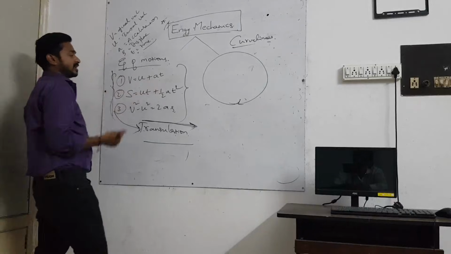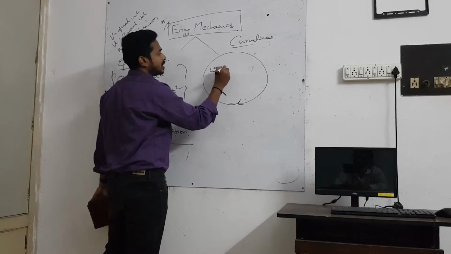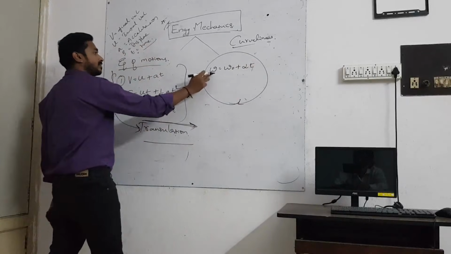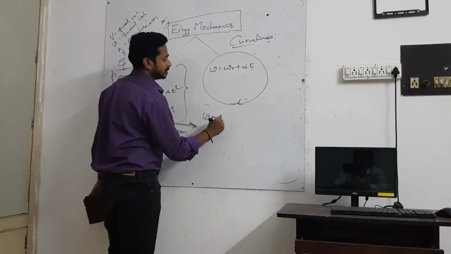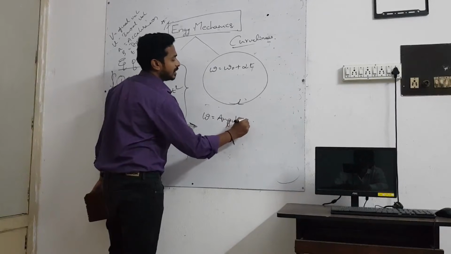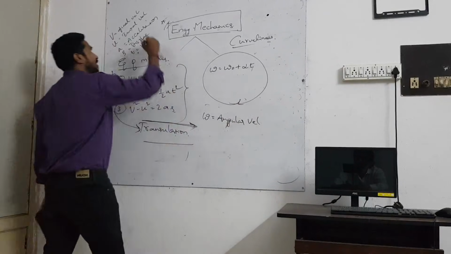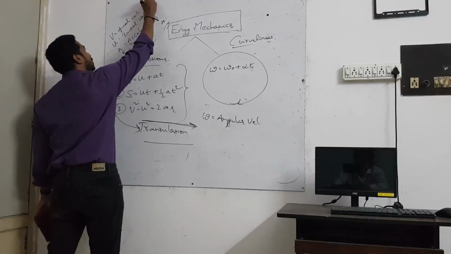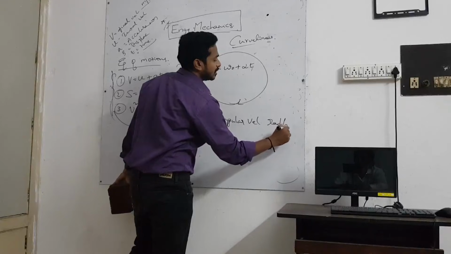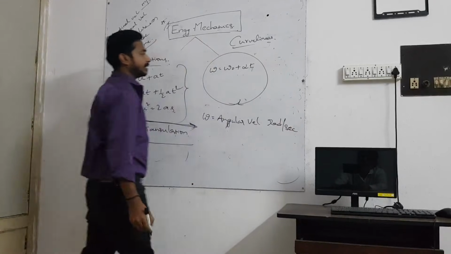then these three equations will undergo change. Omega is equal to omega naught plus alpha into t. Omega means angular velocity. Here the unit of velocity is meter per second, and here the unit of angular velocity is radians per second.